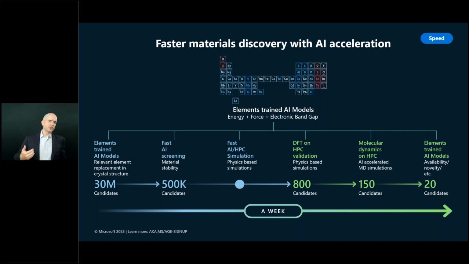But instead of running traditional density functional workflows for those initial property prediction steps, we're actually replacing some of those density functional calculations with inference calls to the machine learning model. This gives us a massive acceleration. We can do those calls much, much more quickly than we could running the density functional calculation to predict that property.